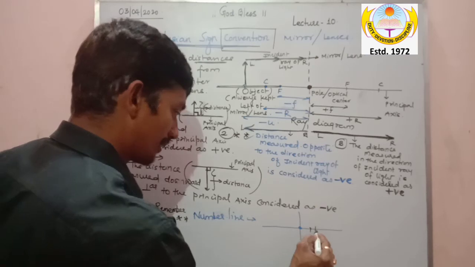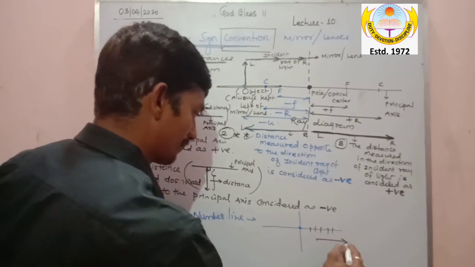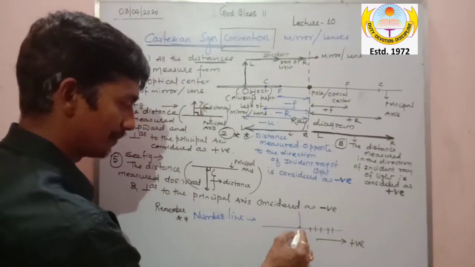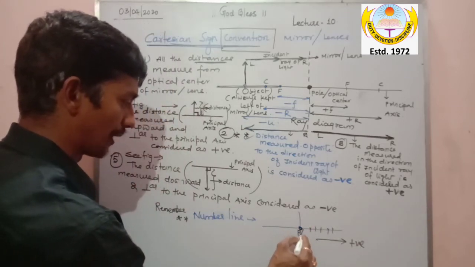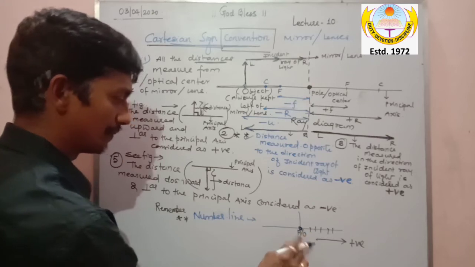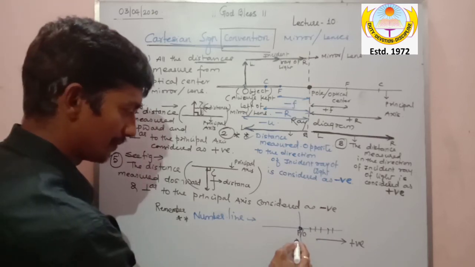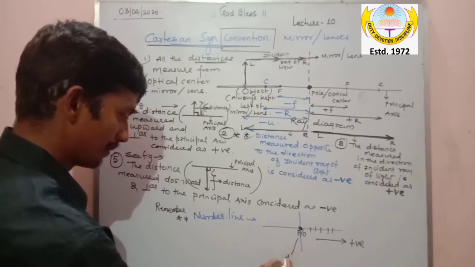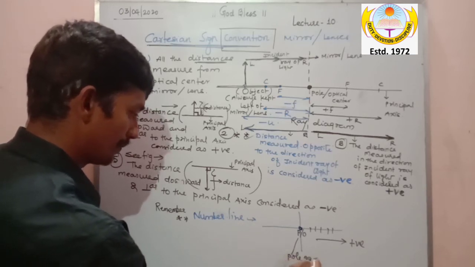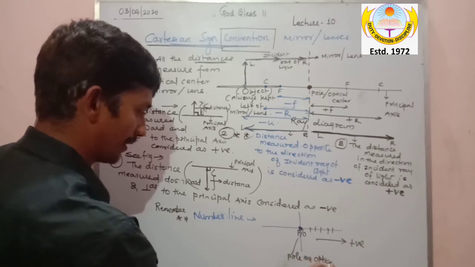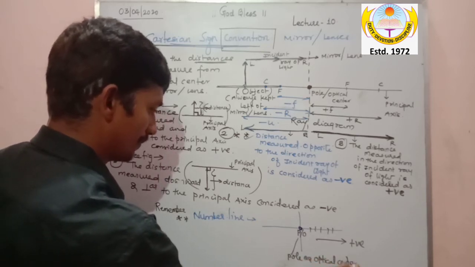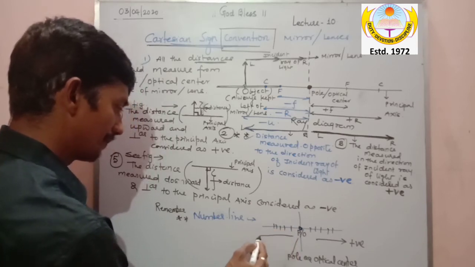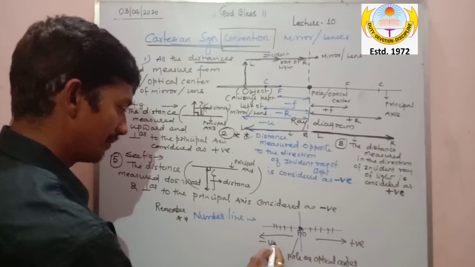Here everything on this side is considered positive. Say this is the pole or optical center. The distance which you measure on this side is all negative.